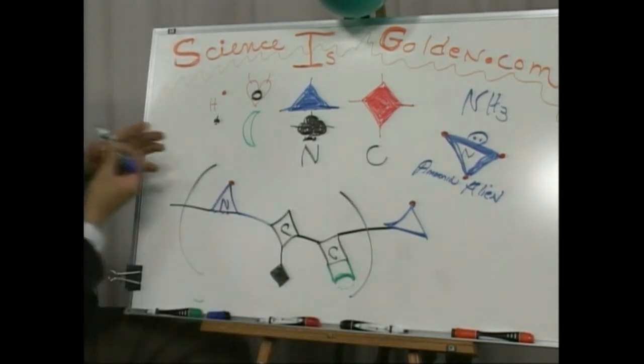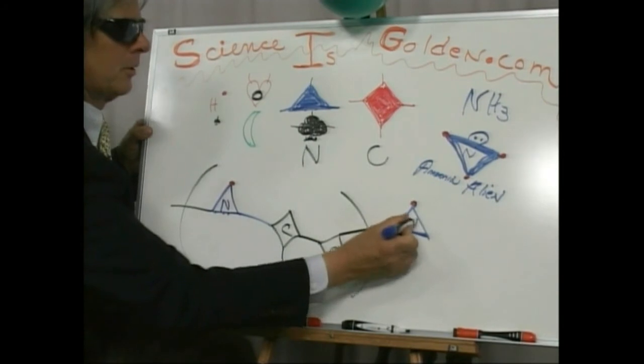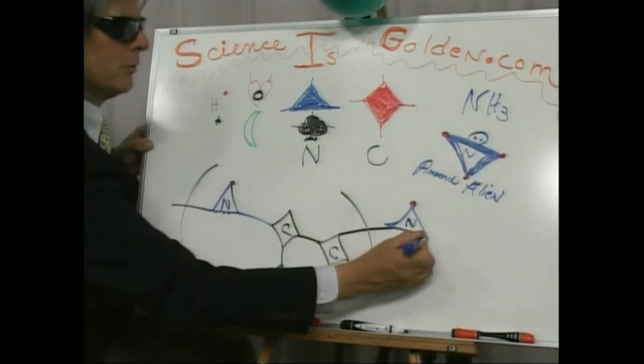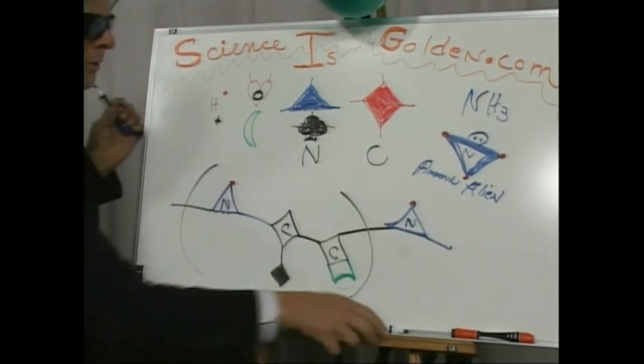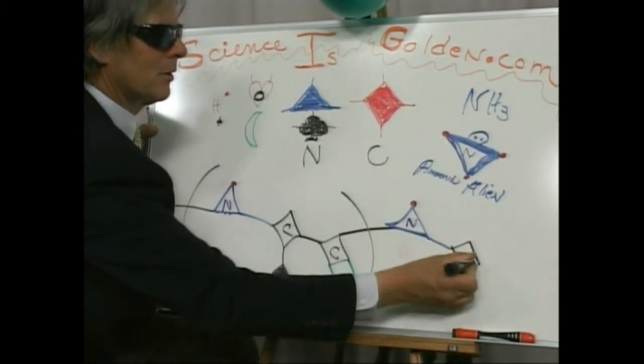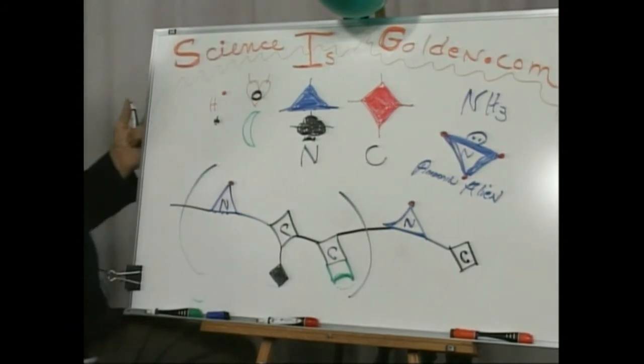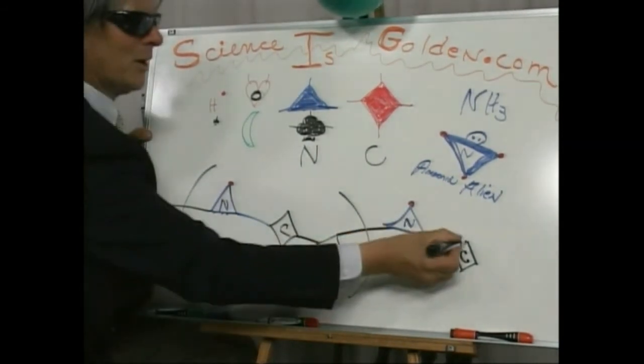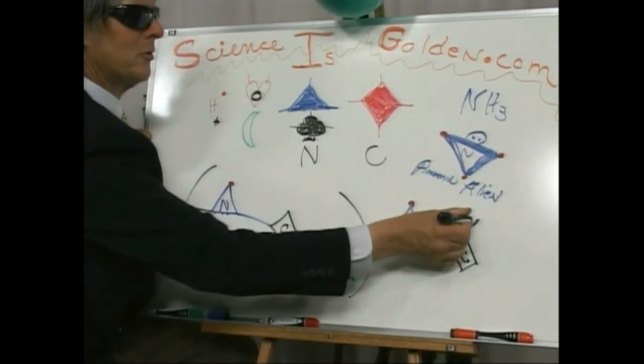Okay. And up here, triangle, there's only one more it can do. You need a carbon, it's going to be a diamond. Now this amino acid you get to see is going to be hanging off here.